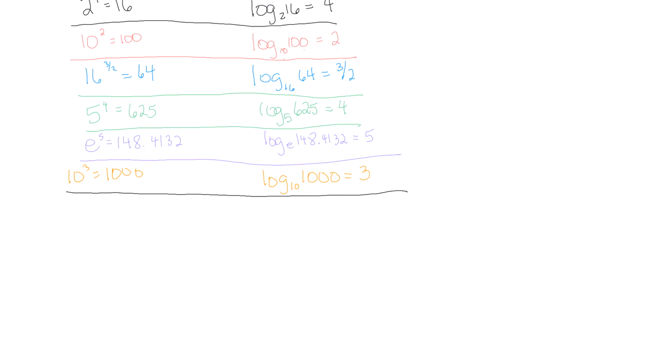Cube root of 64 equals 4. Oh, I write the log. This is really 64 to the 1/3 equals 4. So base is my big number. My answer equals the exponent.